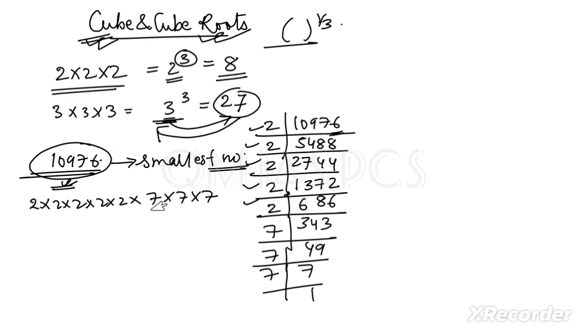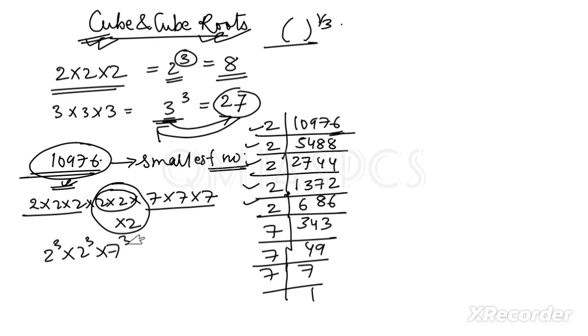So this is a group of 3, this is a group of 3, and here there are just two 2's. We have to multiply by 2 to make it a group of 3. So it will become 2 power 3, again 2 power 3, again 7 power 3.